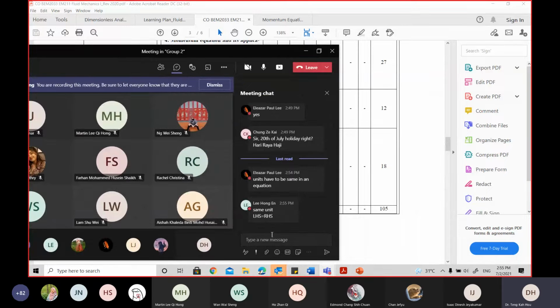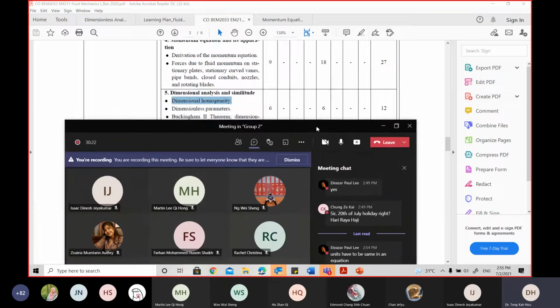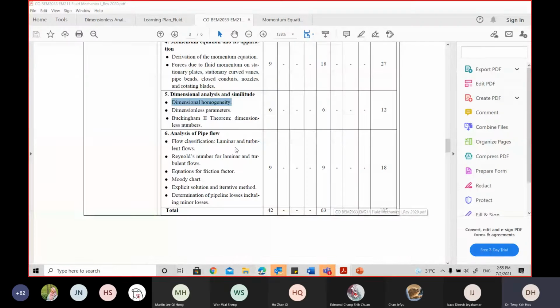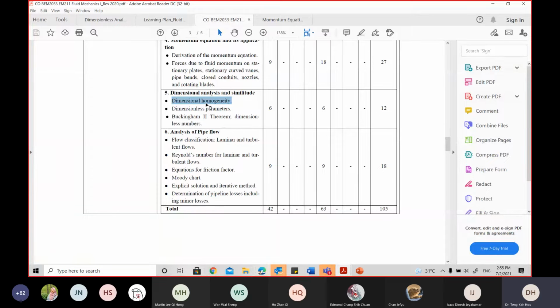Same units. Okay, the left side, LHS, is the left side. Units that are the same in an equation. Yep, thank you. That is the definition of dimensional homogeneity. That means all the dimensions on your left side of the equation should be equal to all those on the right side.